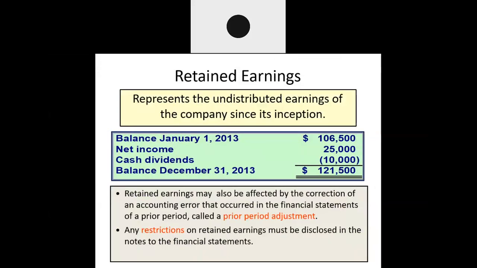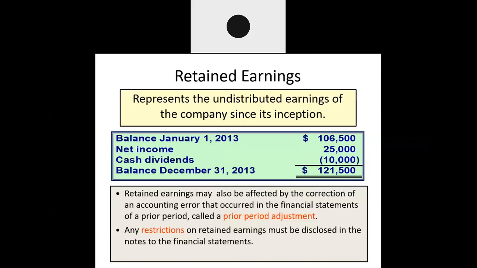Alright, retained earnings. Retained earnings represents the undistributed earnings of the company since its organization. The most frequent changes to retained earnings are increases due to income and decreases due to distribution to owners, primarily dividends. So what usually increases retained earnings is net income, and what decreases it is dividends.